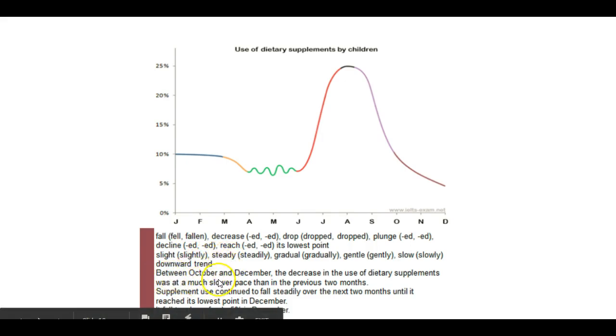For example, we can say between October and December, the decrease in the use of dietary supplements was at a much slower pace, or was a gradual decrease, than in the previous 2 months. You can also say supplement use continued to fall steadily over the next 2 months until it reached its lowest point in December. Lowest point.